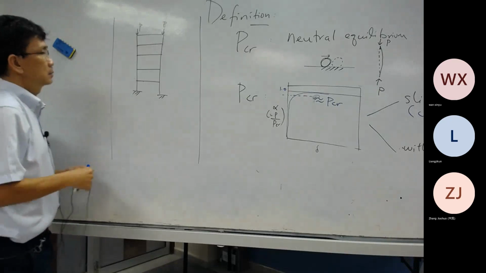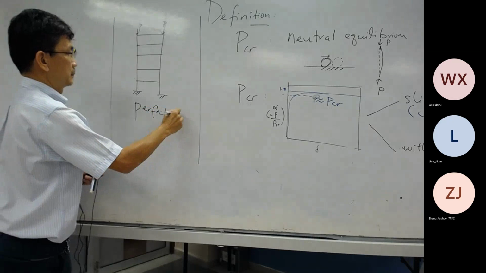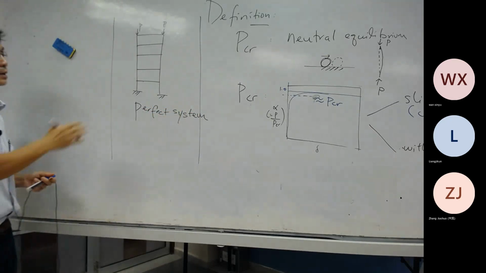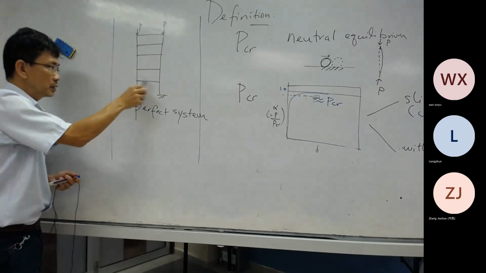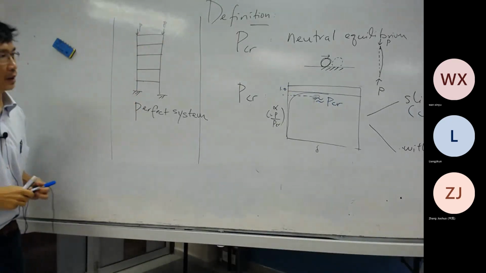Now, this is a perfect system, which means when you do simulations, your columns, everything is straight, the coordinates, you give everything a perfectly very nice shape.